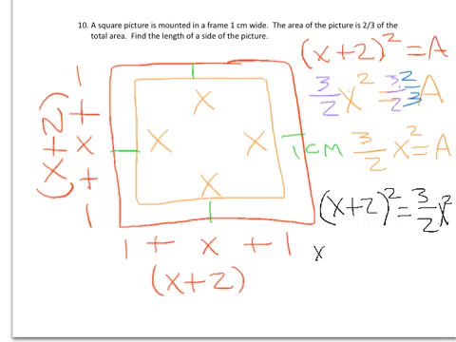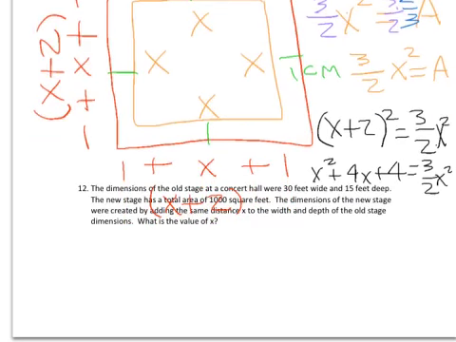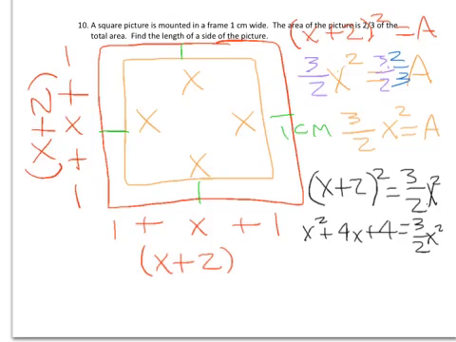So I've got x squared plus 4x plus 4 equals 3/2 x squared. And when I do that, I can move that 3/2 over by subtracting 3/2 x squared from both sides.